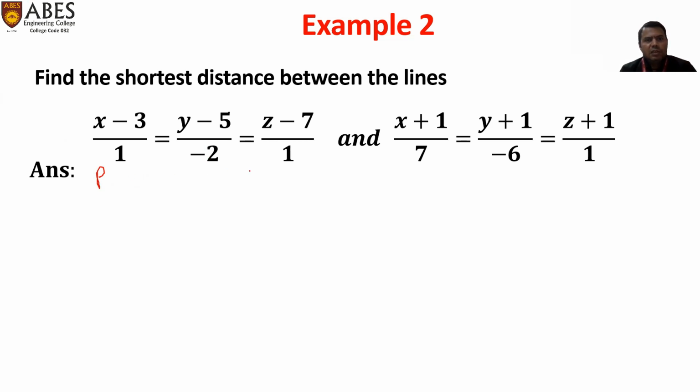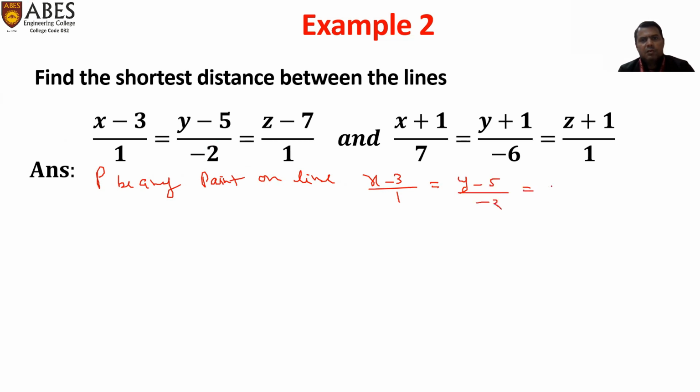So we take P as any point on line 1, that is (x minus 3) upon 1 equals (y minus 5) upon minus 2 equals (z minus 7) upon 1. We take it as lambda, say.